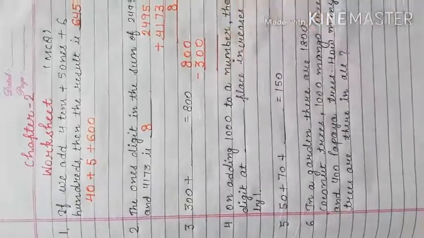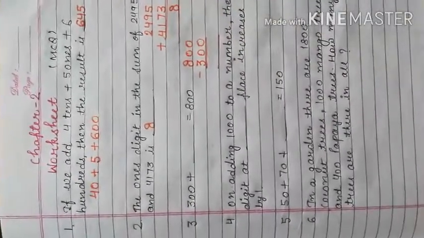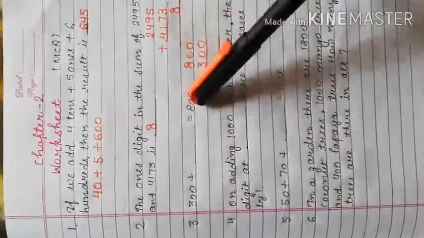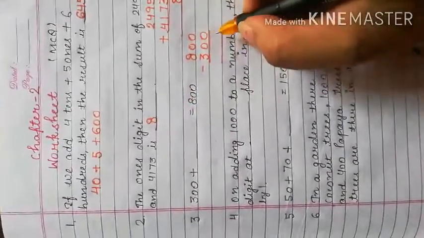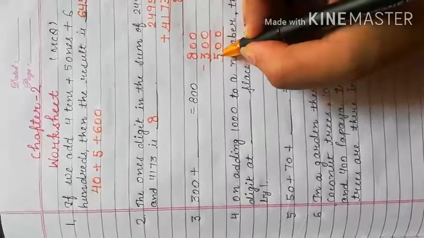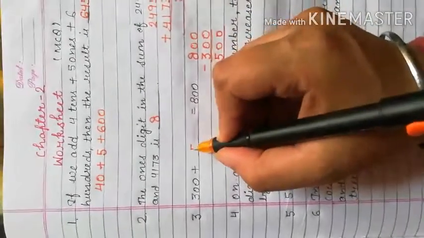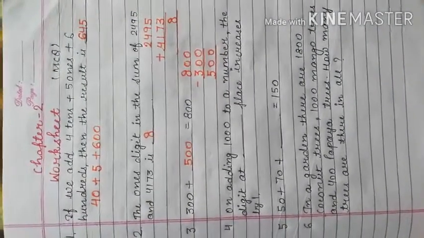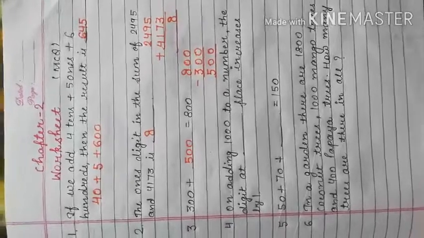So I have written the addend that is given and subtracted it from the total sum, and after subtracting you will get the answer, and that is 500. So your option having 500 is the correct option.